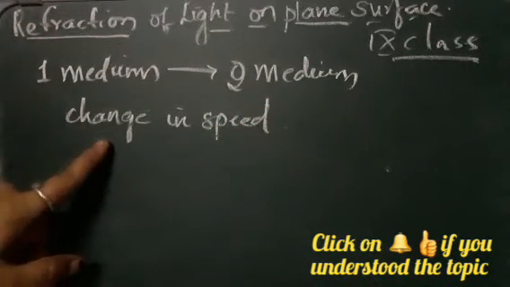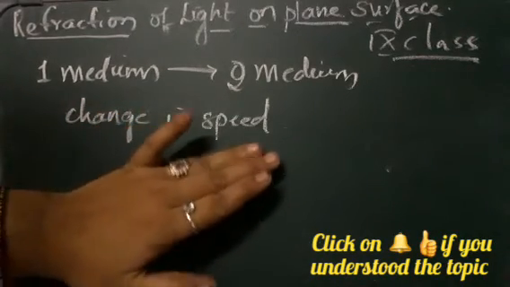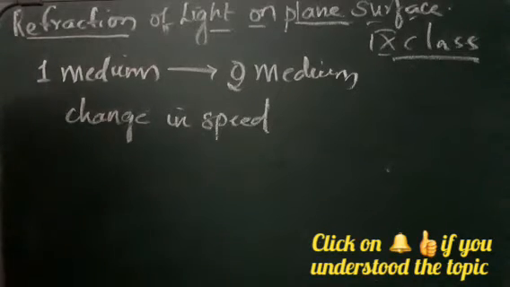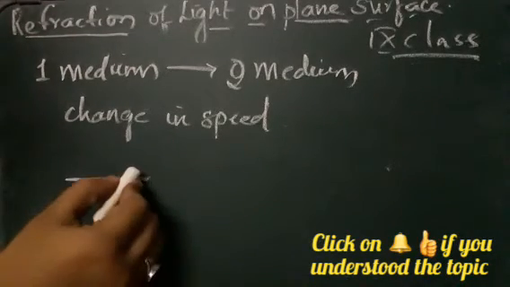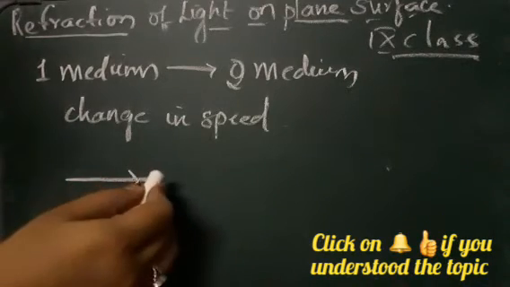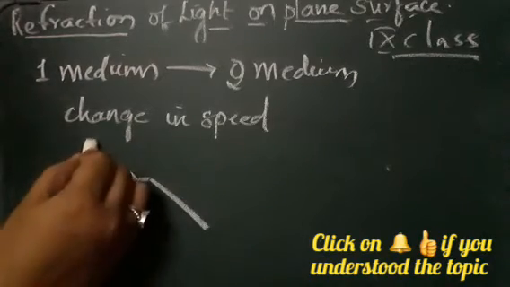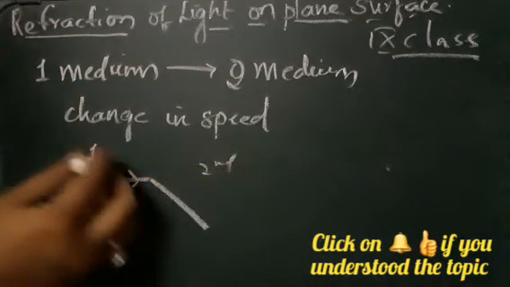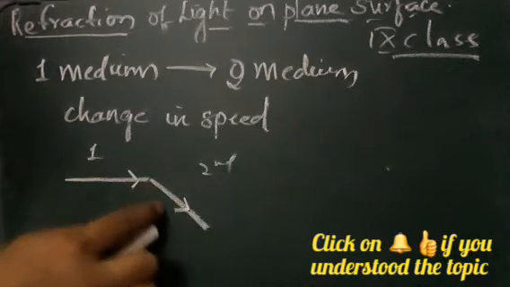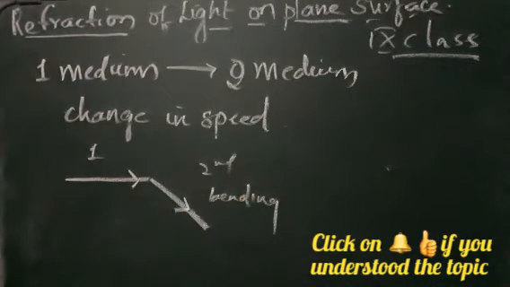So this process of changing speed at an interface when light travels from one medium to another medium, resulting in a change in direction. Suppose in the first medium the light is traveling in this path, and when it has passed into the second medium, there is a change in the speed that causes the bending of the ray.